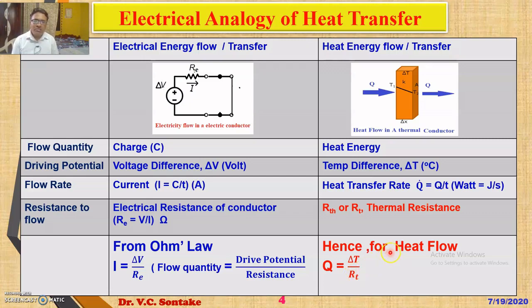So what is my point of contention? From the electrical analogy of heat transfer, we found out first this relationship between Q, delta T and thermal resistance, and we have defined a new term called thermal resistance.